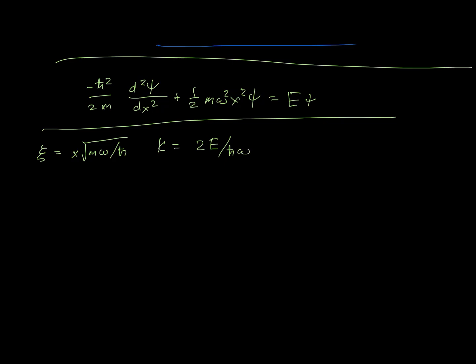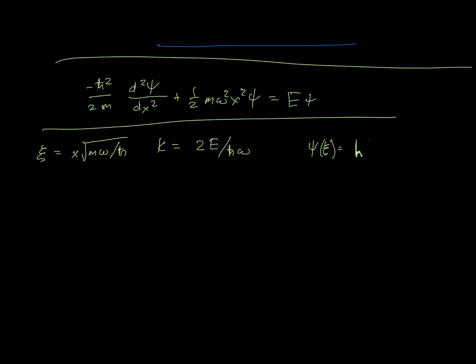Great. And then we're looking at a solution in the form of psi of xi equals h of xi. This is not a constant, h is just a random letter.